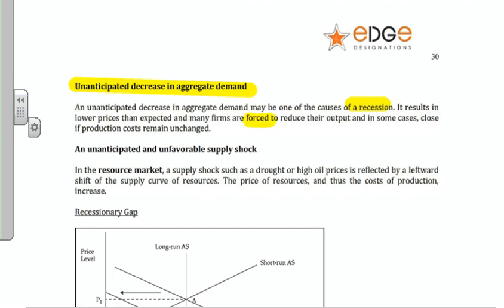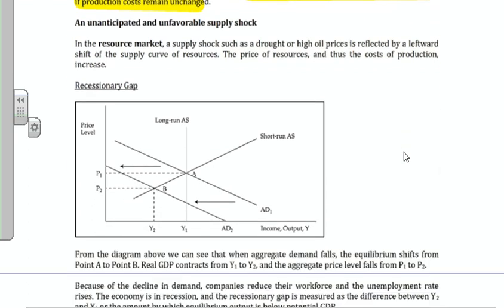Firms start to reduce their output and can even close if the production costs remain unchanged. What about an unfavorable supply shock? Let's say, for example, in the resource market, there's a supply shock like a drought, high oil prices or things like that. That will result in the supply curve shifting leftwards, the price of resources and the costs of production will increase, and that's the recessionary gap.